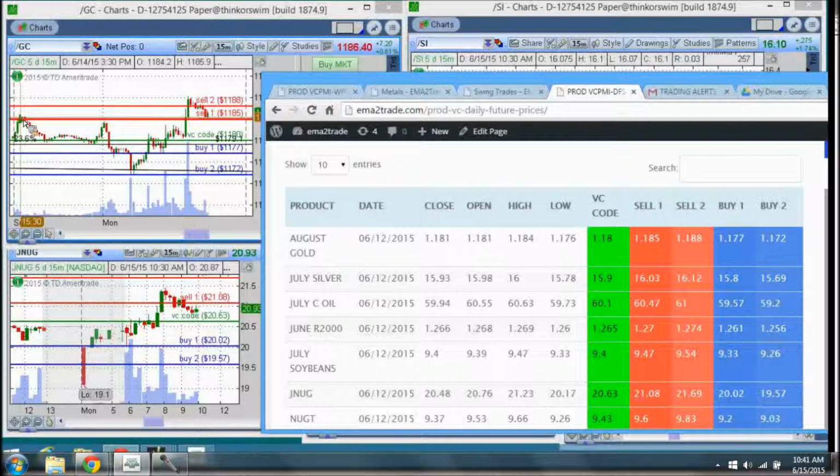You had these algorithms already in place because you had the report on Saturday where you know that if the gold market comes down to the blue level, which I explained, the buy 1 or buy 2 areas, which is the blue lines, you want to activate a buy 1 at 1177, a buy 2 at 1172. The market is currently trading at 1186.30.